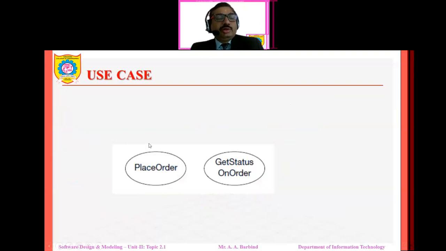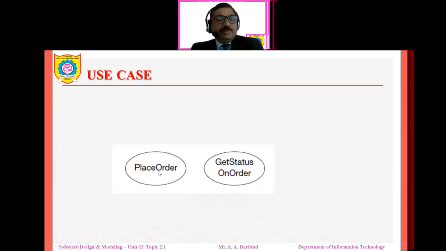This is the way you can show the use cases in graphical form, with the help of an ellipse. The name of the use case is, for example, place order or get status on order. And the thumb rule for naming the use case is that the use case will always start with a verb.